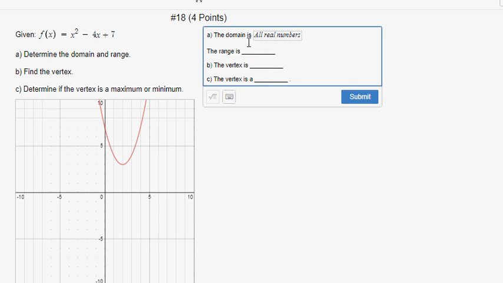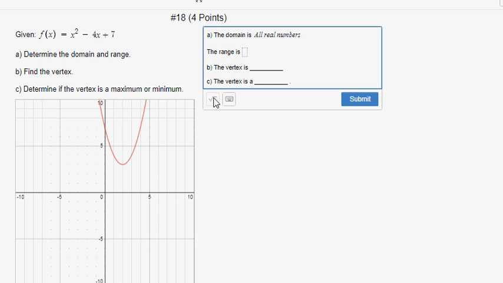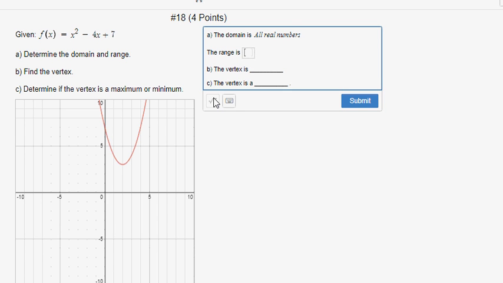The range. The range we're looking at is from 3 to infinity. Got to have the bracket and the parentheses in order to get the credit for that one.